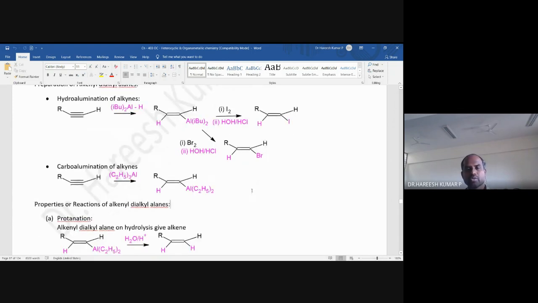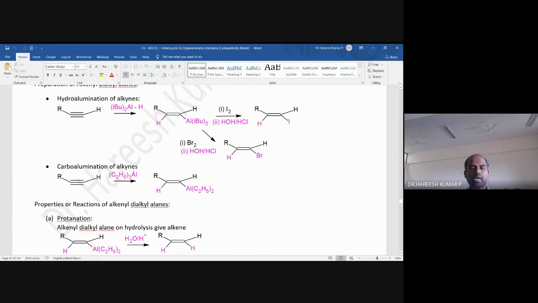Now let's look into carboalumination. Carboalumination means carbon as well as alumina is added to the triple bond. The carbon here means an ethyl group.